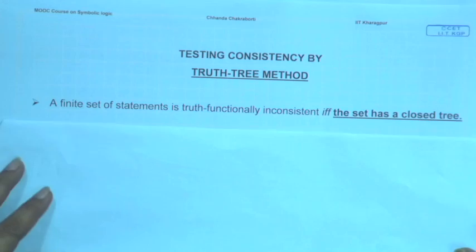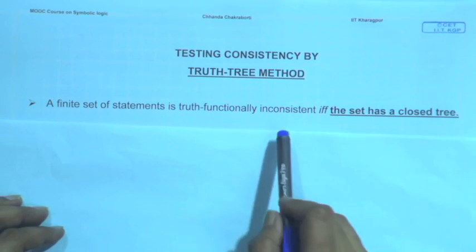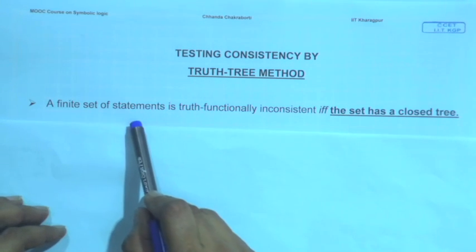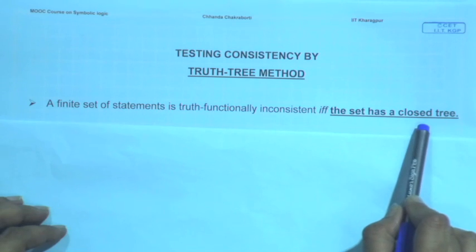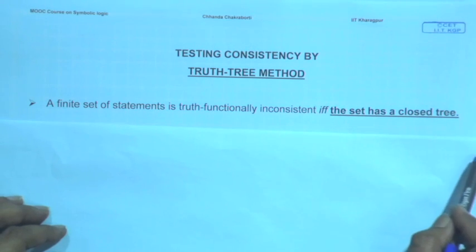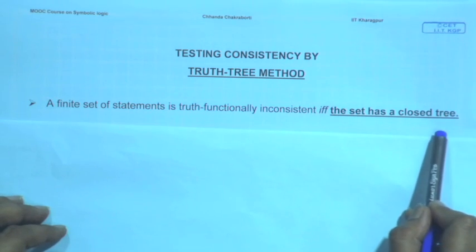Keeping these together, now we can define what consistency and inconsistency in the truth tree method are going to be like. We'll define it like so: a finite set of statements is truth functionally inconsistent if and only if the tree for these statements is closed. We will remind ourselves, a closed tree means a tree which has no open branches; all its branches are closed.